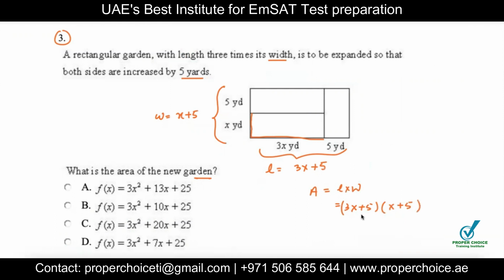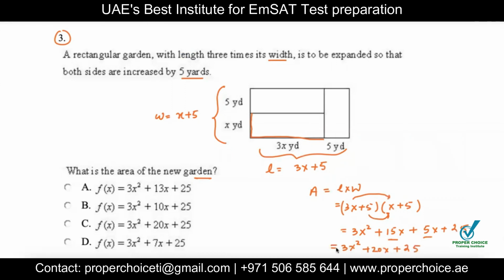It's simple algebra now. Distribute: 3 times x is 3x squared, plus 3 times 5 is 15x, plus 5 times x is 5x, plus 5 times 5 is 25. Simplify it further. Combining like terms, you will get 3x squared, 15x plus 5x is plus 20x, plus 25.